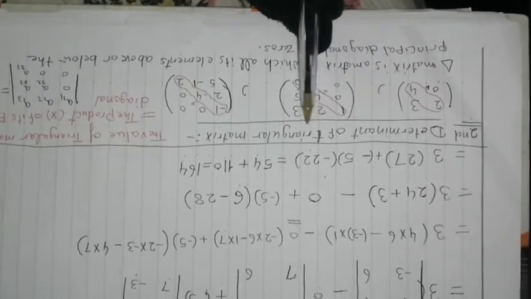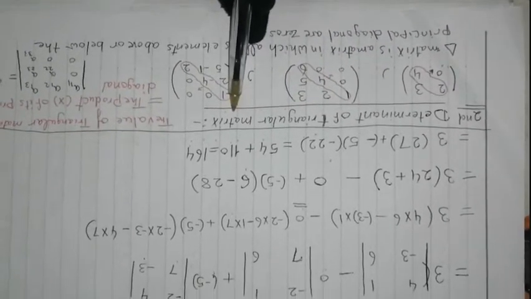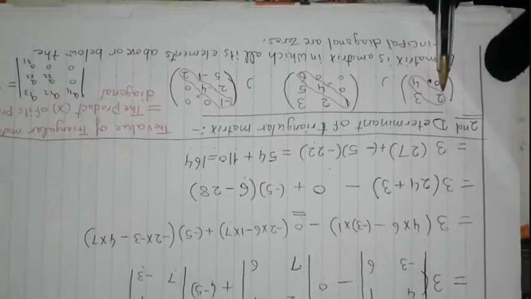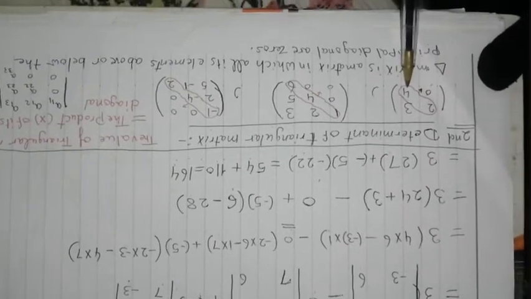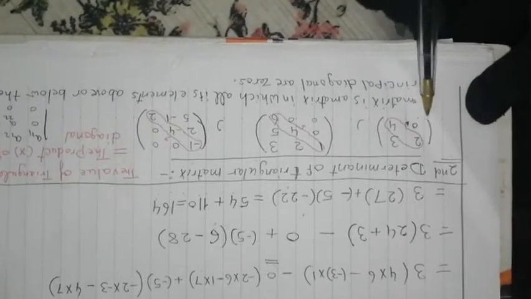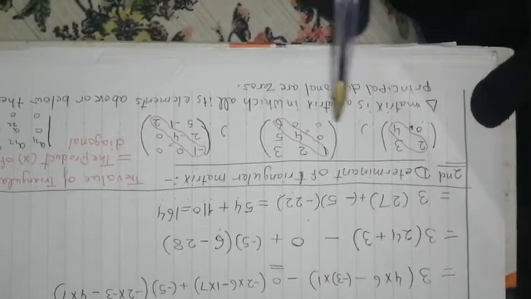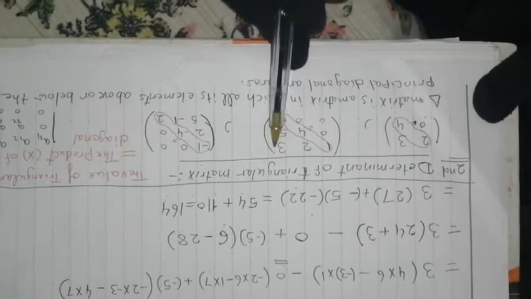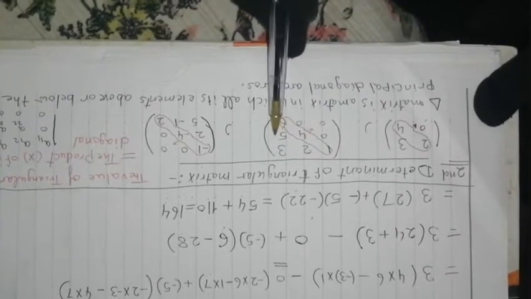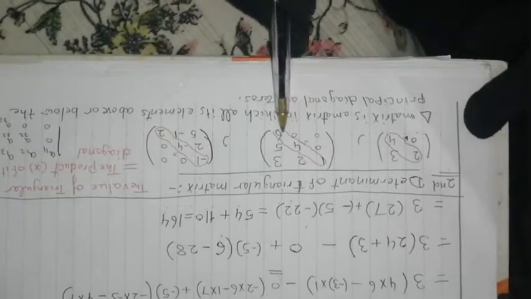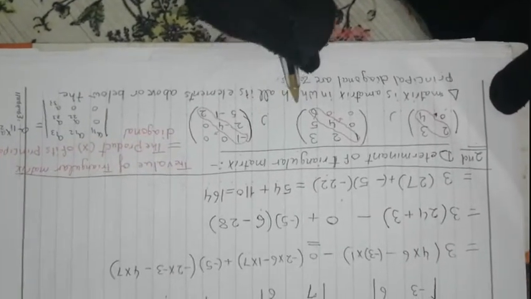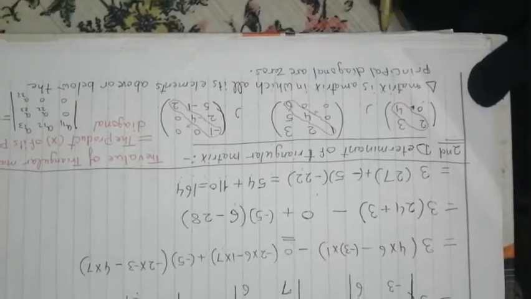Second, determinant of a triangular matrix. Look, this matrix 2, 3, 0, 4, a matrix of order 2 by 2. Look here, 1, 2, 3, 0, 4, 5, 0, 0, 6. This is a matrix of order 3 by 3.